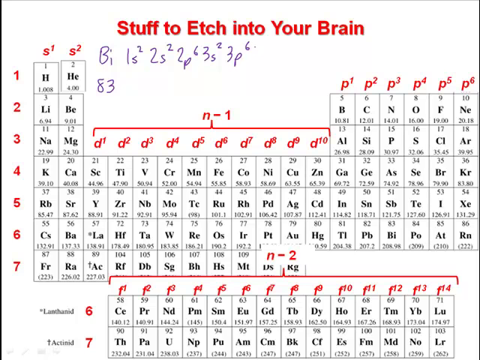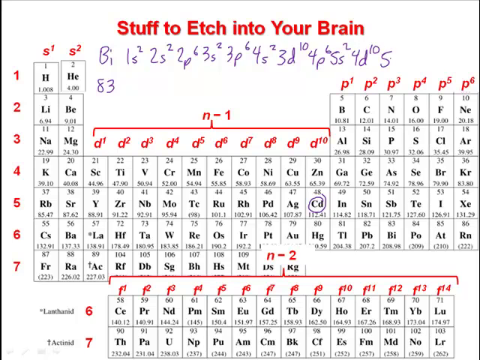Okay, next? 4s2, very good. Now we got a weird one. We got the D's. 3D? How many? 10, all 10. Okay, after the 3Ds comes the 4p6. Then what? 5s2. 10, and that means we're right about here right now. So we still got a ways more to go.